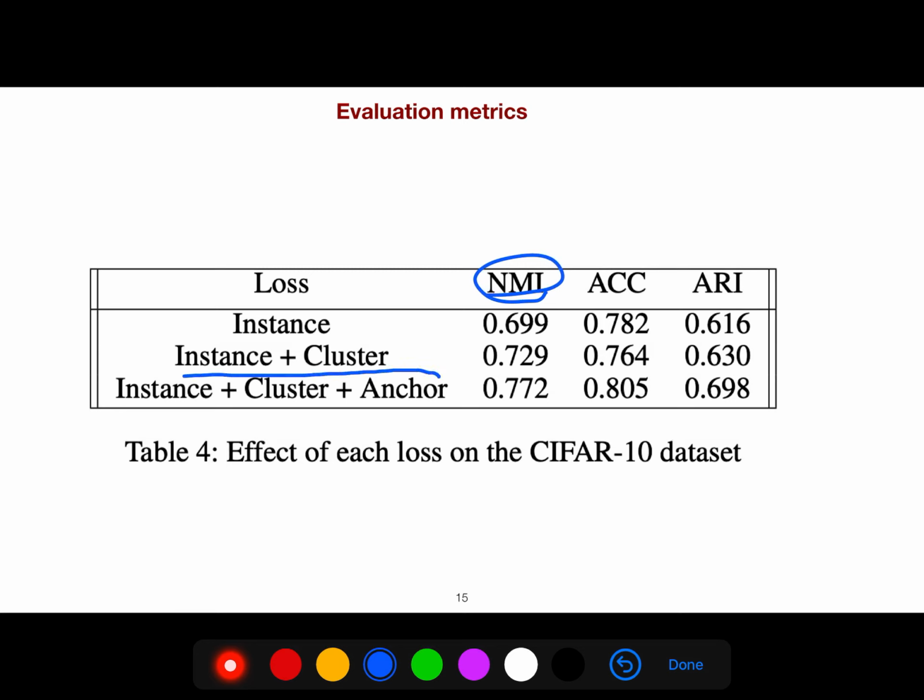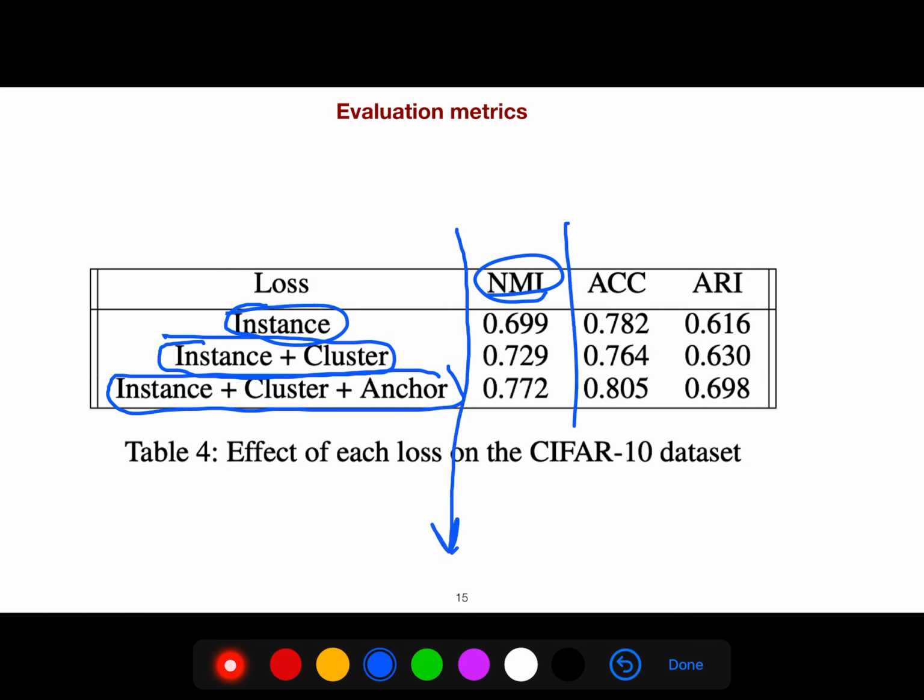So if you combine 3 different losses, it is better than combining just 2 losses, 2 different objectives. And this one is much better than just one objective. So the more objectives you add, the higher the accuracy, NMI, and ARI.